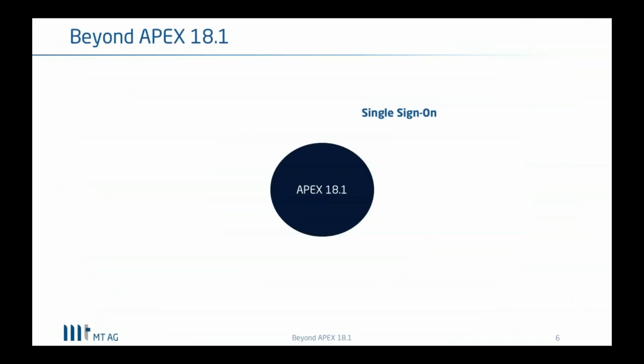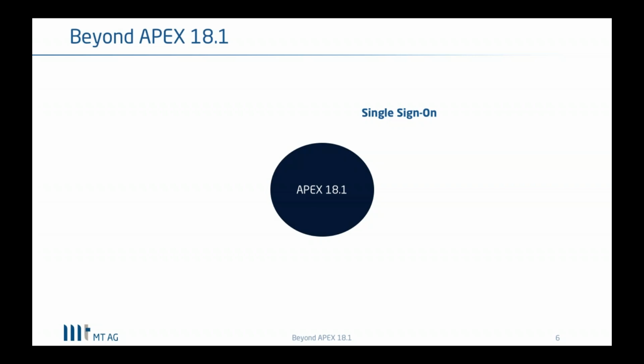So Apex 18.1. I'm not talking about those Apex 18.1 features here. There are a lot of other good presentations and even webinars around that. But I'm talking about the scenarios we encounter in our projects where people need stuff that doesn't come out of the box.